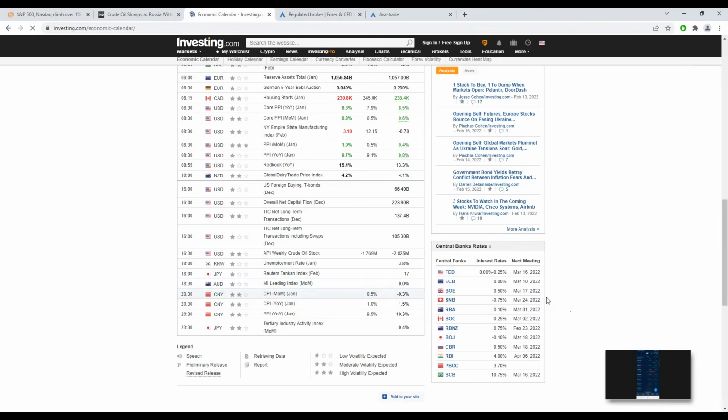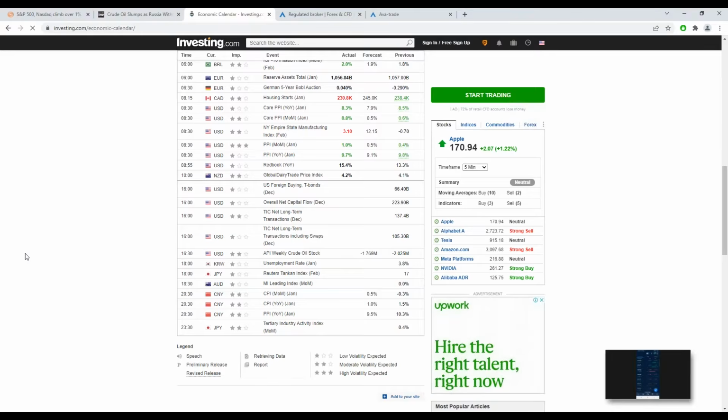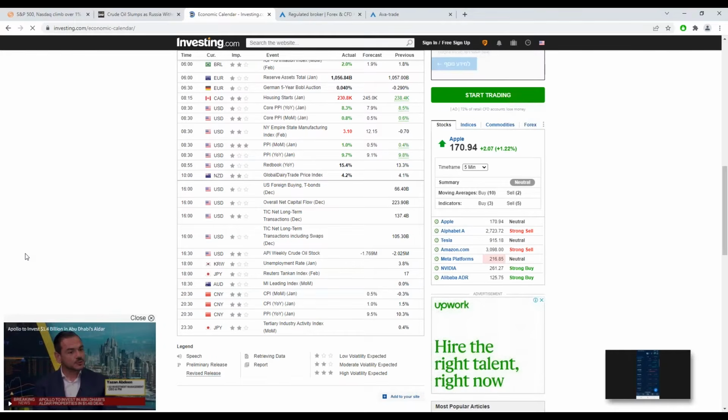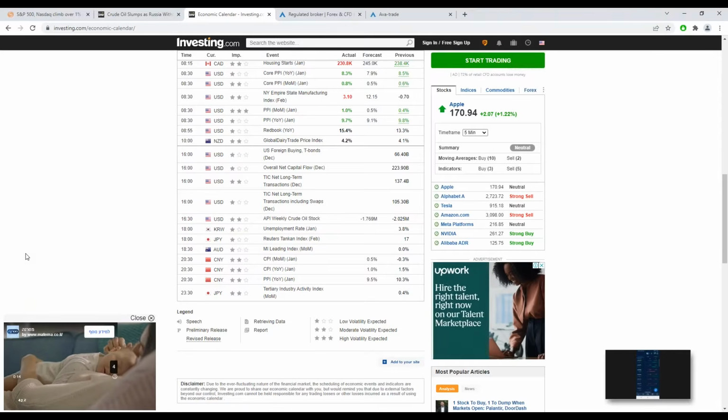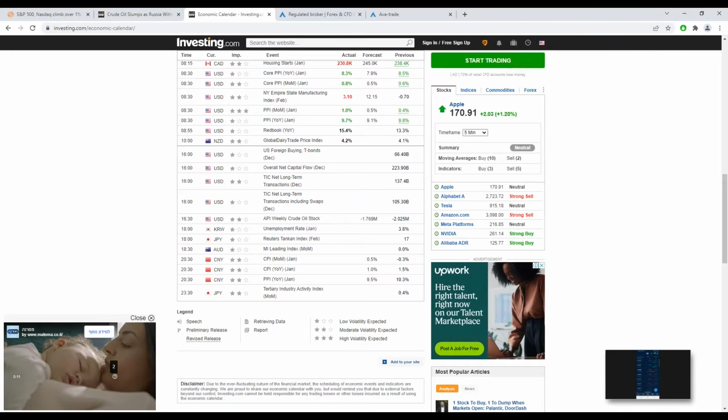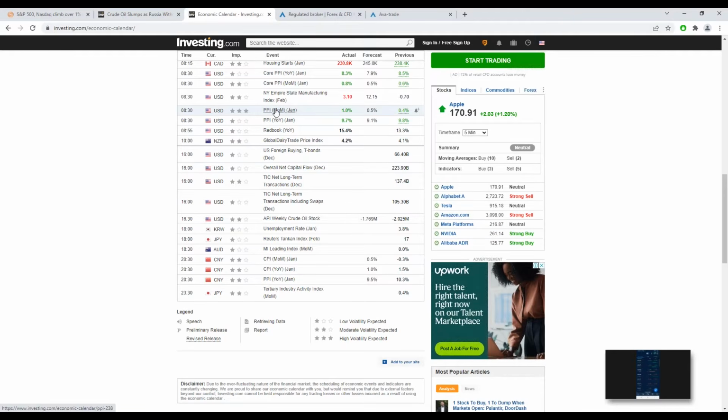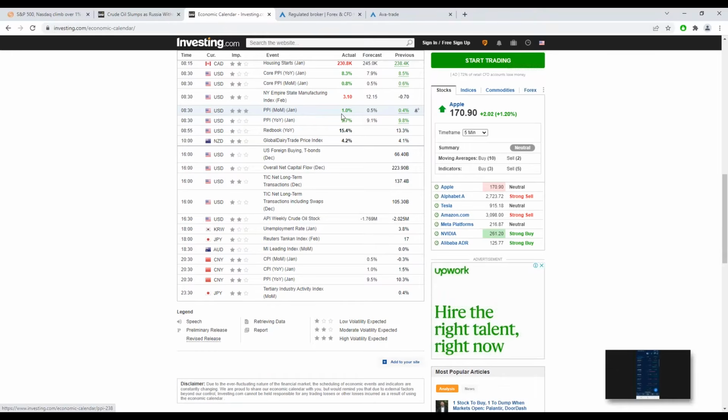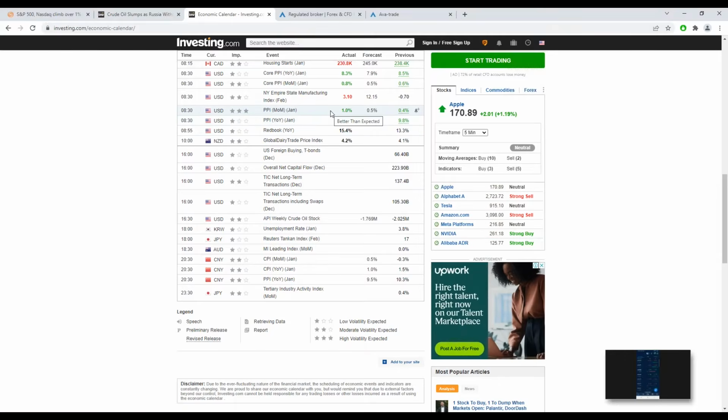Then we look at the economic calendar and we say, what's going on with the anxieties about inflation though? And the anxieties about inflation are still there. What we see is out of the US, month over month inflation, 1%. If you annualize that, that's 12%.